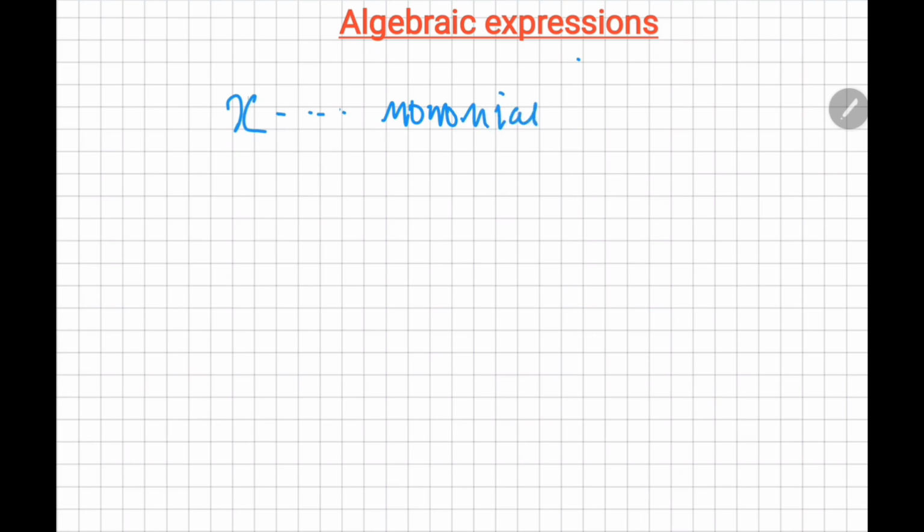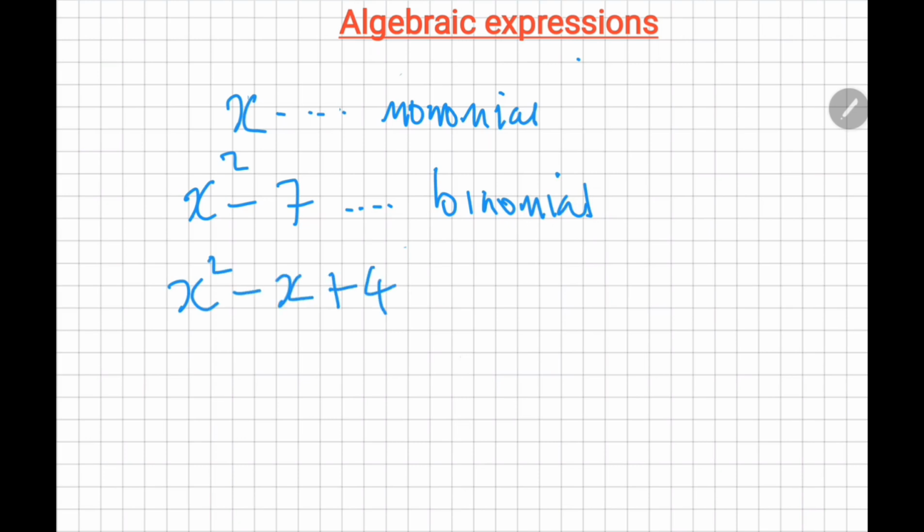If I have two different terms, for example, x squared minus 7, we're going to call that a binomial. Okay, if I have three different terms now, we're going to call that a trinomial.